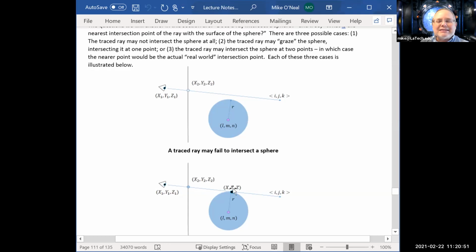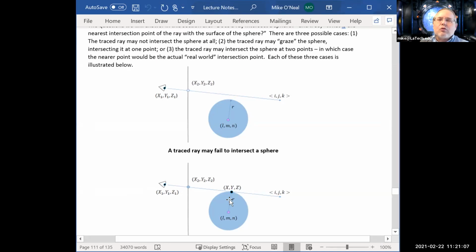If my t is 0, remember it's plus or minus the square root. Well, if that discriminant is 0, the square root of 0 is 0, so you only get one solution.